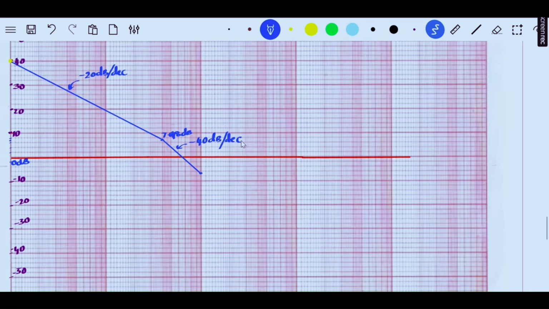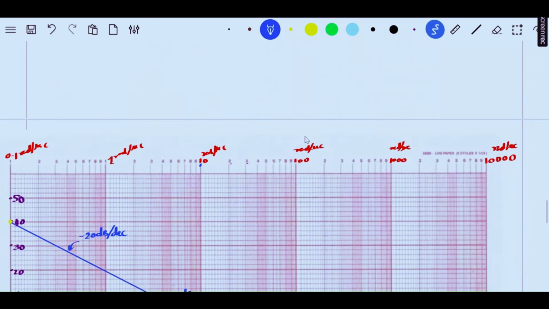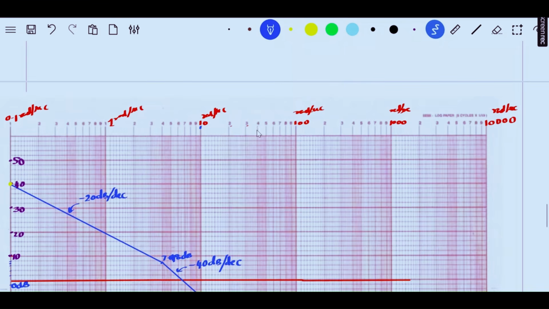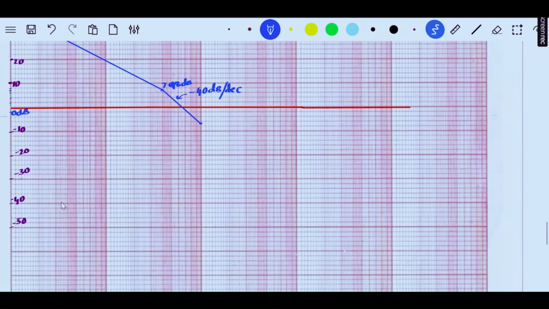Fine. So 10 is over, and now the next corner frequency is 40 radians per second. The amplitude is minus 44.08. So 40 is somewhere around here. See, this is 10 radians per second, so this becomes 20, 30, 40 radians per second. The amplitude is minus 44.08. See, minus 40 is this, then 42, 44, 46.